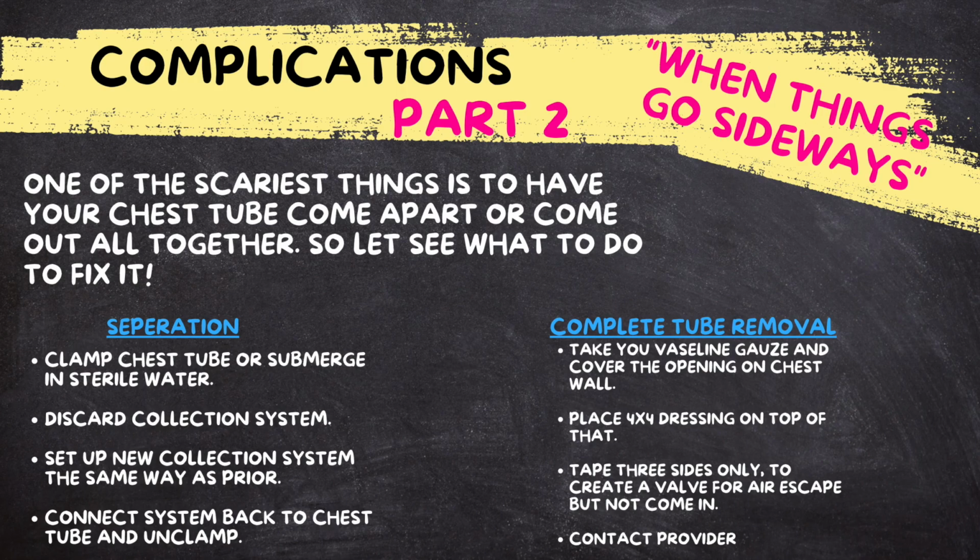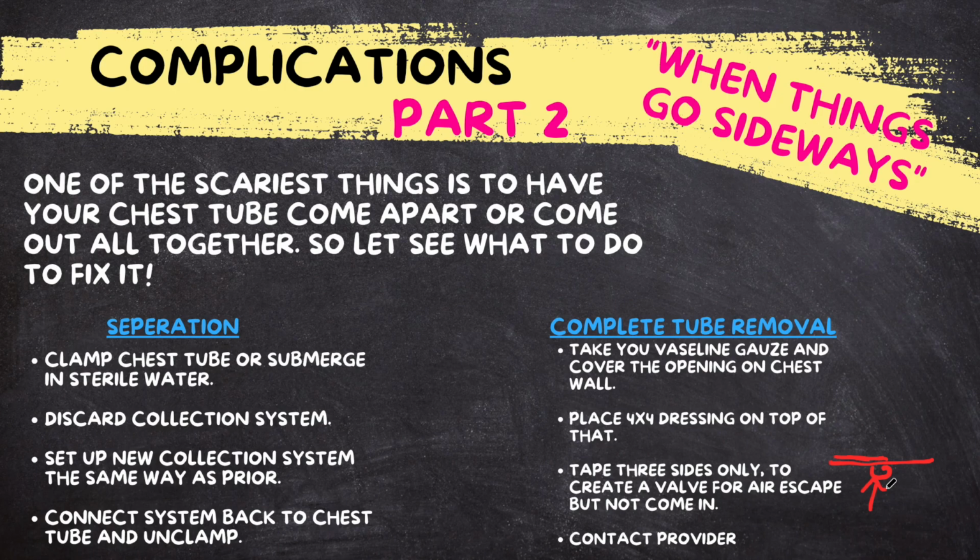So big question as to why do we do a 3-sided? Why don't we want to tape the whole thing? So remember, you still have this opening into the pleural cavity. So you want air to be able to escape. So let's say we have our skin here. Here's your hole. And then we put our dressing over top of this, right? So now if we had all 4 sides and air was trying to escape out through the hole, it wouldn't be able to because we've got it all locked down.